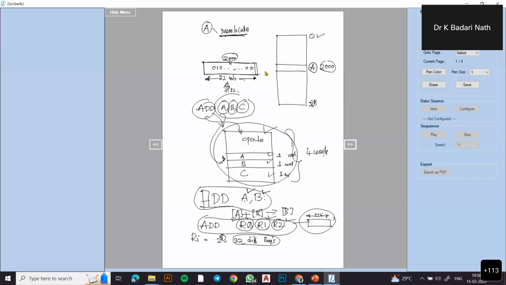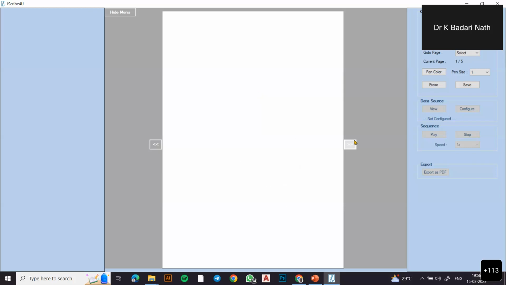So based on the number of memory operands you specify in the instruction, instructions are classified into 3 types. We will understand this. It is a very common question generally asked. We will understand what other types are available. Based on the number of memory operands available in the instruction, we will classify them into 3 types.